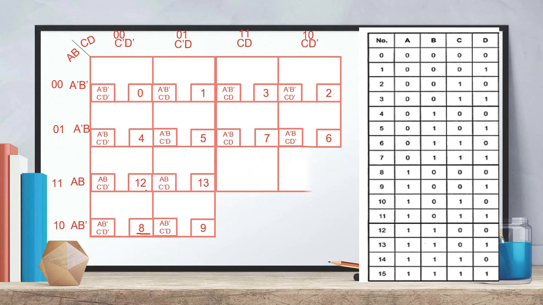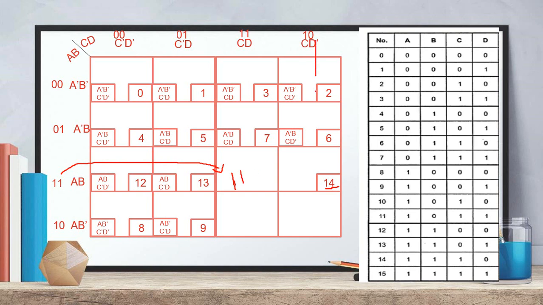Next we will move on to the last 4 cells. What is going on here? In the last 4 cells, we are taking this one as 14. How is it 14? This row portion usually we are taking as 1, 1 and the column portion is 10. So it is 1, 1, 1, 0, which is nothing but 14. So we are calling this cell 14.